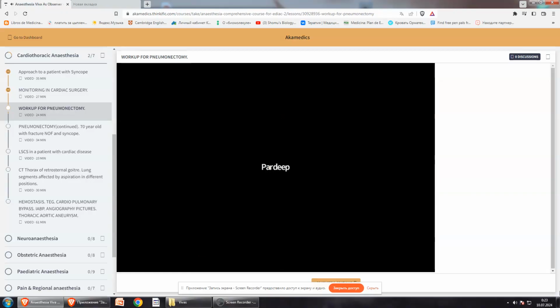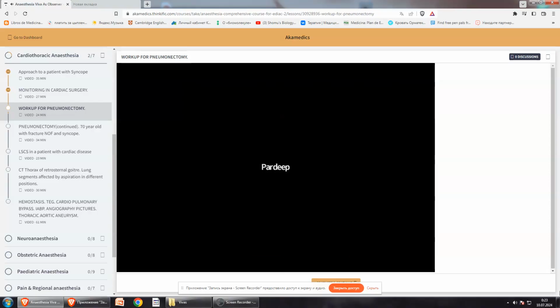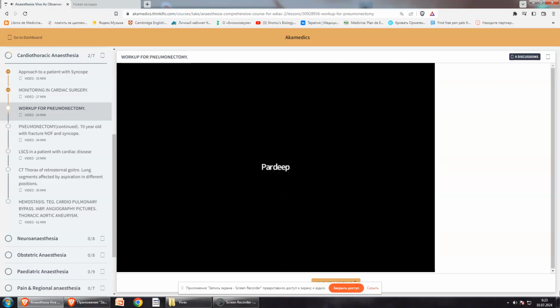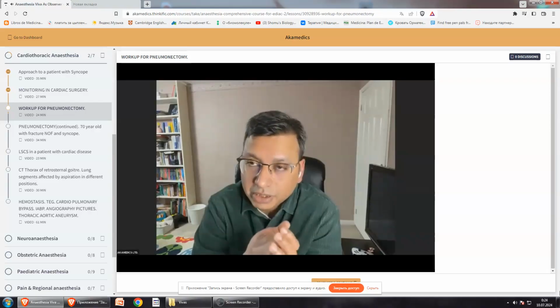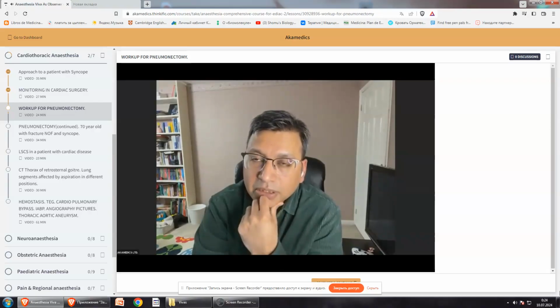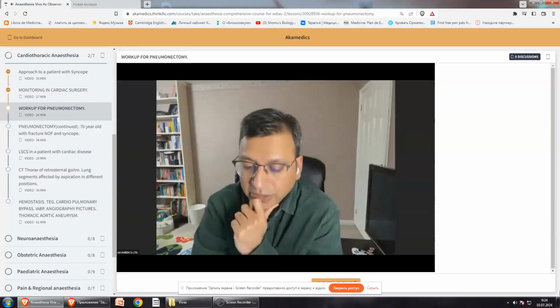If you deflate it, all the shunting will reduce, isn't it? Yes, sir. So the VQ mismatch will improve. Yeah, it should improve. So you want the surgeon to stick a knife into the pleura so that the lung collapses. Right? Not the other way around.